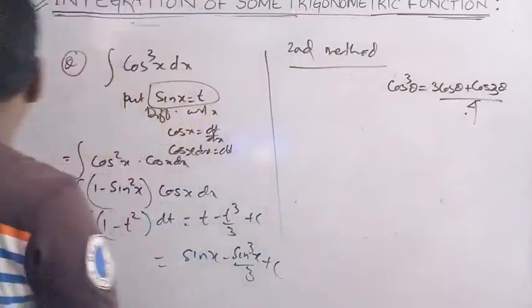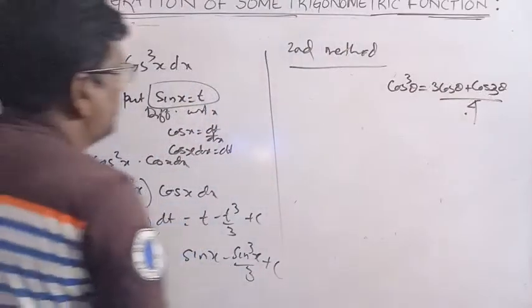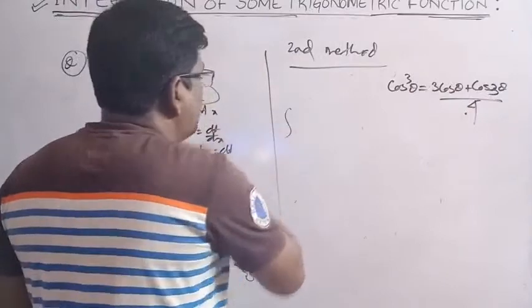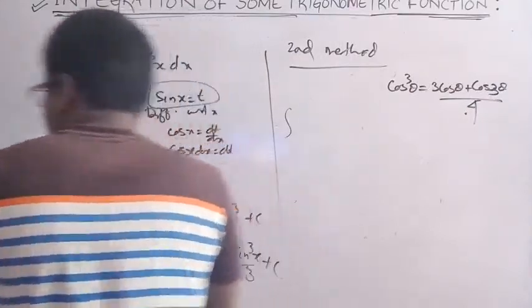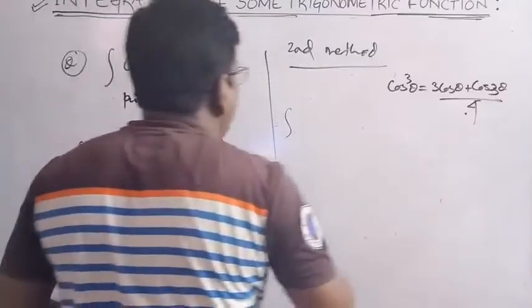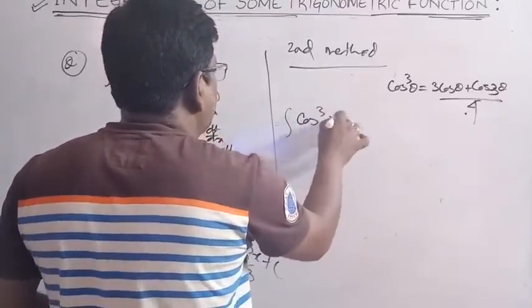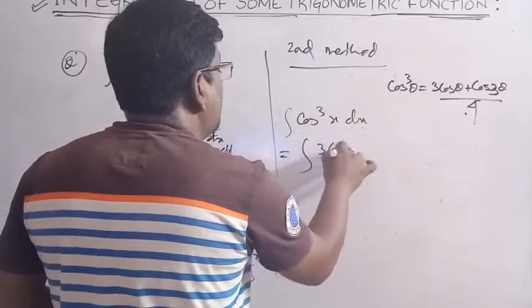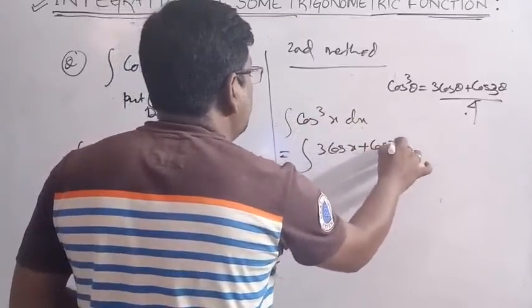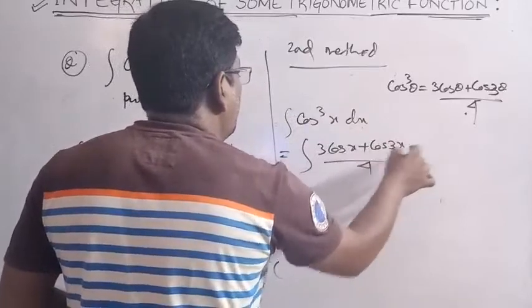Integration of cos cube x is equal to the integral of 3 cos x plus cos 3x divided by 4 dx.